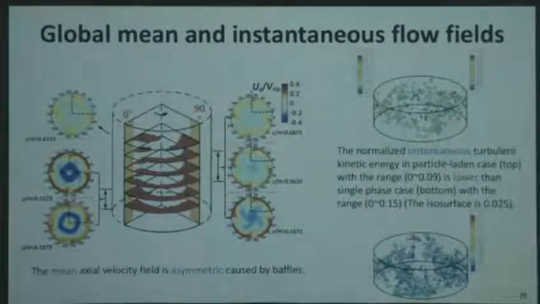If you analyze this flow field, you can find a very significant anisotropic distribution caused by the baffles. And the turbulence here is lower than in the single-phase system. Of course, this conclusion is dependent on the particle size and the density we used here.